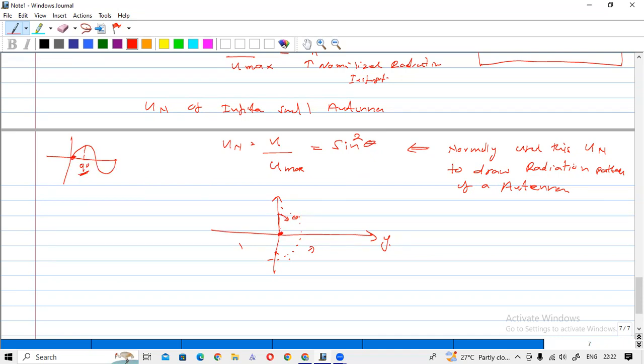Now theta is increasing, and your intensity is increasing like this. And when theta is equal to 90, that means this point, you will get the maximum value, that is 1. And again theta goes to the other direction, and the intensity changes like this.